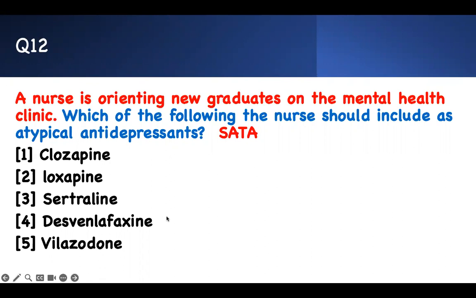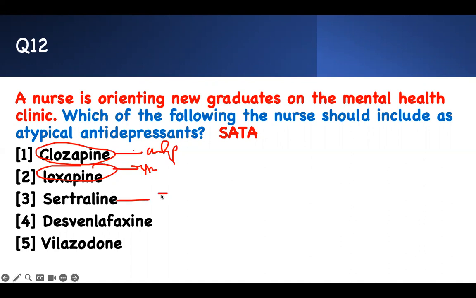A nurse is working as a new graduate at the mental health clinic. Which of the following should the nurse include as an atypical antidepressant? Atypical. By now, you should recognize this is an antipsychotic. By now, you should remember this is also an antipsychotic. This is first generation, this is second generation.